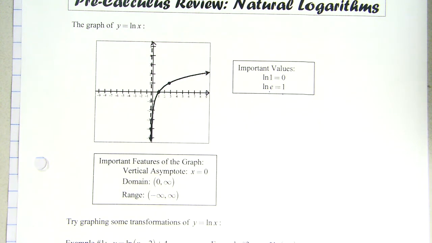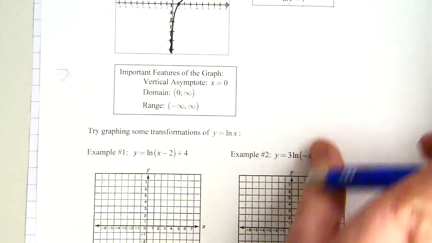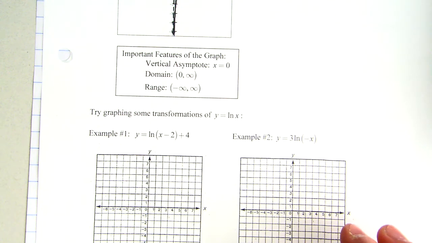I want to graph two transformations of the natural log of x with you. As I'm pretty sure I mentioned at some point before, I find it really helpful to do transformations in different colors. So you might want to go get some different colored pencils, colored pens out. I'll wait, you can do that.